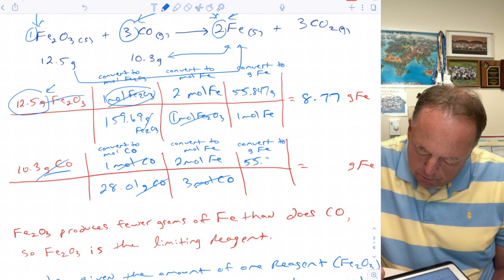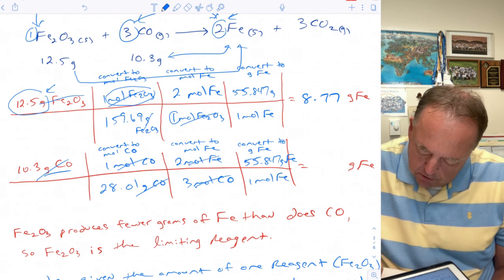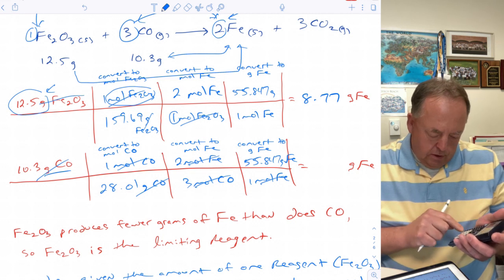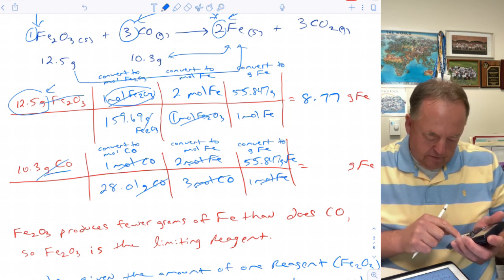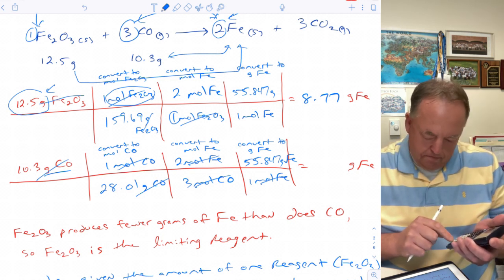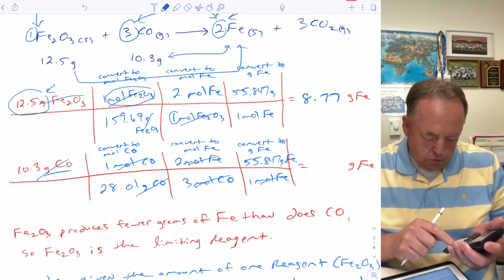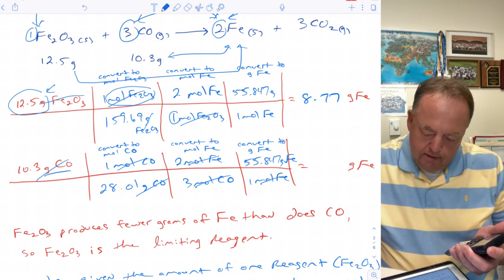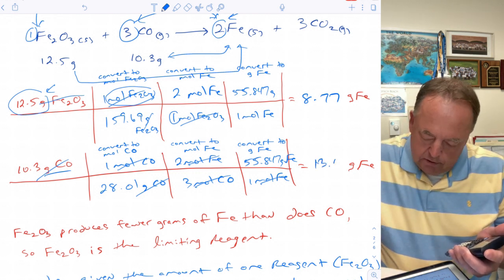So 55.847 grams of iron in every 1 mole of iron. And then moles cancel, and we're left in grams. So 10.3 divided by 28.01 times 2 divided by 3 times 55.847 would be 13.69.